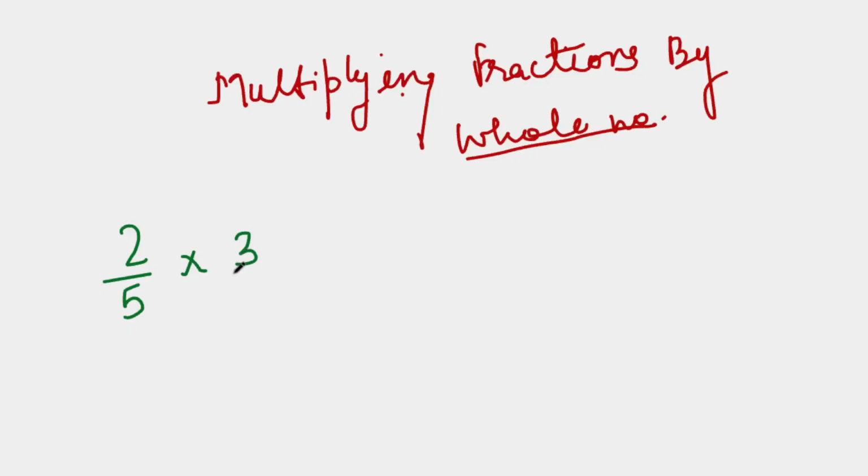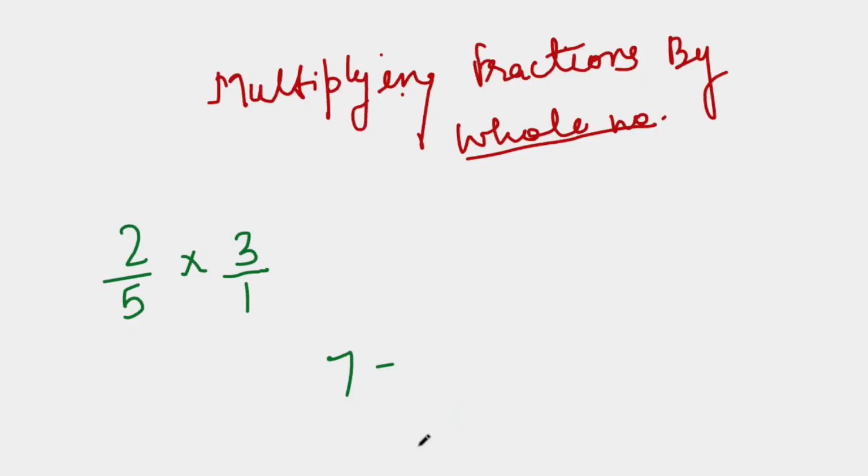So not to worry, any whole number can be written over 1. Okay, so 1 is the universal denominator for every whole number. When you see any number like this, if you want to write it like a fraction, you can write like this. Why? Because any number divided by 1 remains the same, will give you the same number, right?